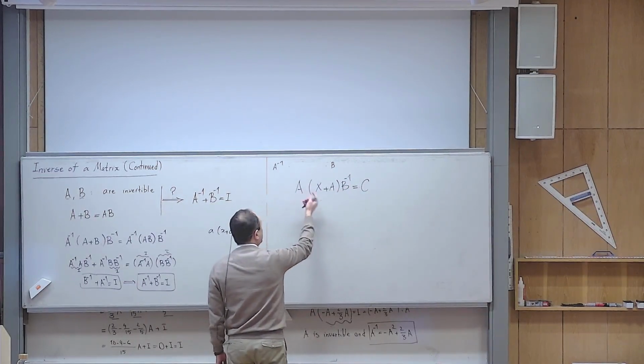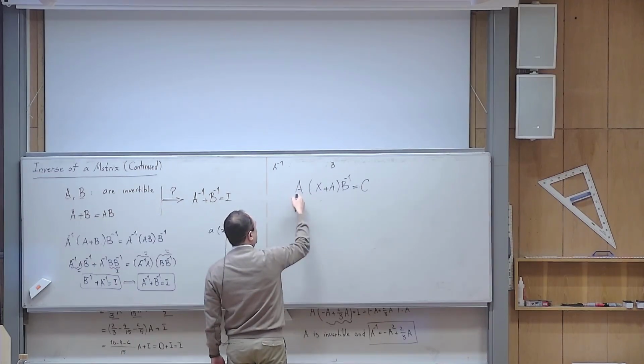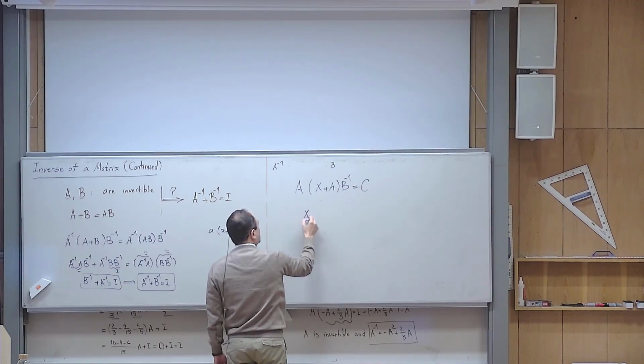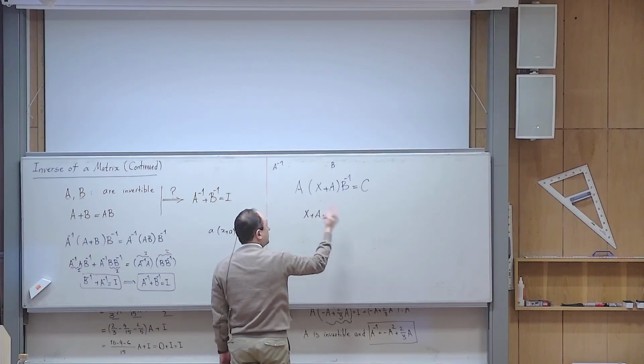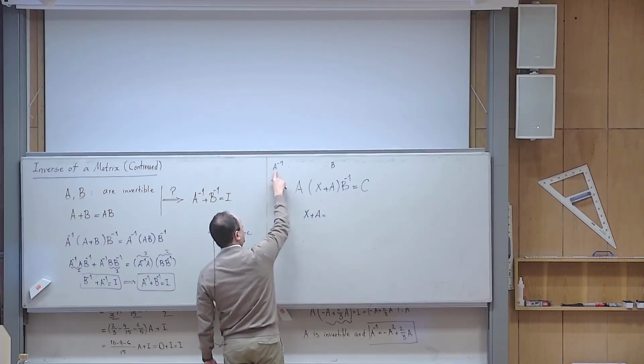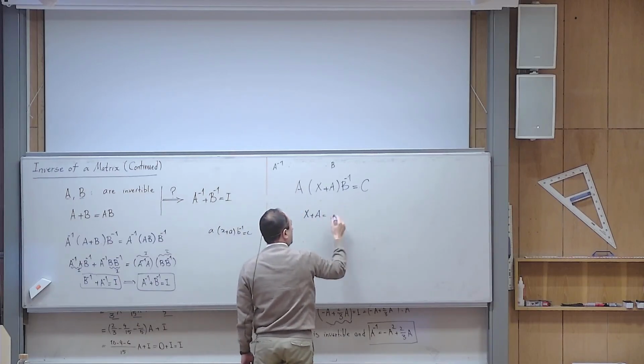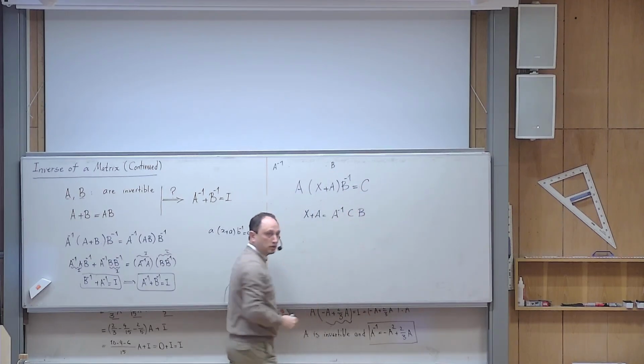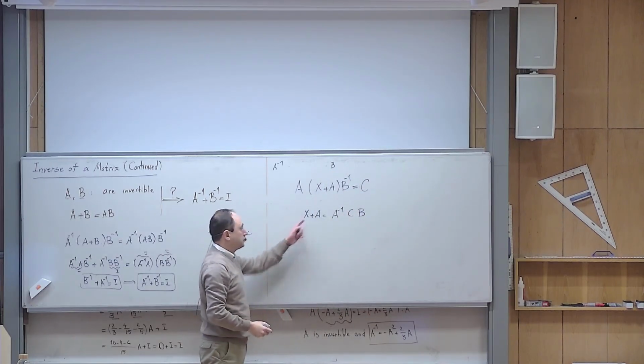Okay, so then what happens? Let us just do it in our head. So it becomes X plus A. But I have to respect the order on the right-hand side. I multiplied A inverse from the left, so here I also have to multiply A inverse from the left. I multiplied B on the right, so I multiply B. And that's it.